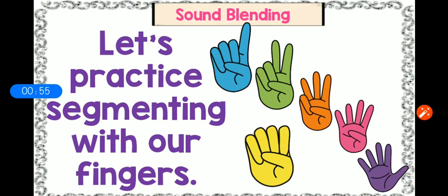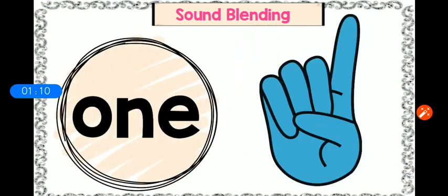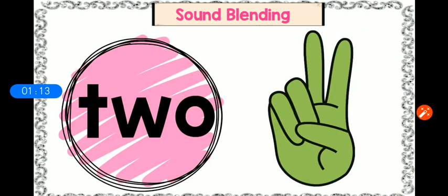Now, let's practice segmenting with our fingers. Do you remember using each of your fingers when you say a letter and also to make a fist to blend? Do you remember doing that? Because it's fun. Now, the first finger you lift up is your what? Your pointer. The next one is your middle finger.